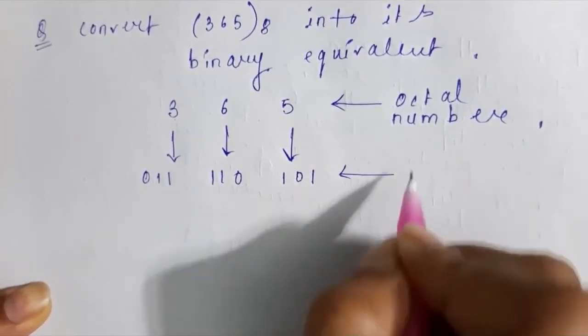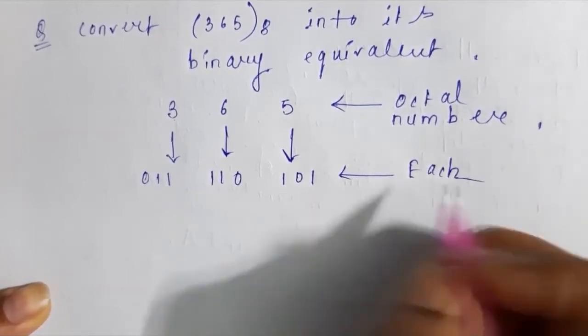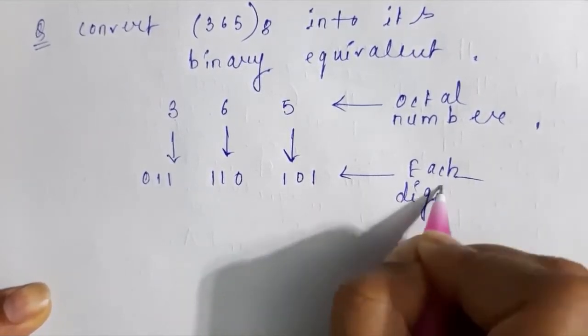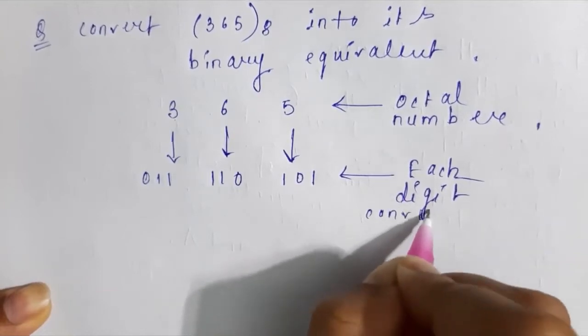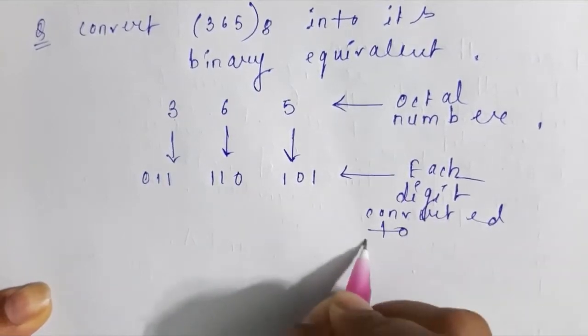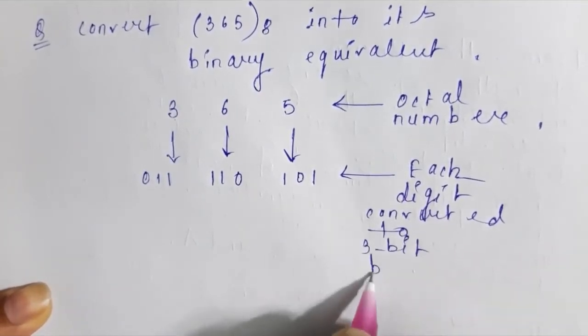So each digit is converted to 3-bit binary.